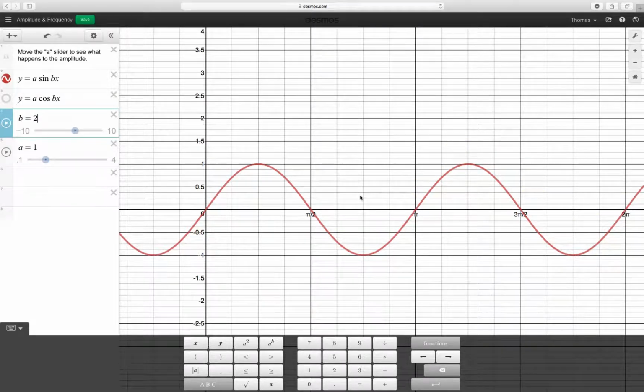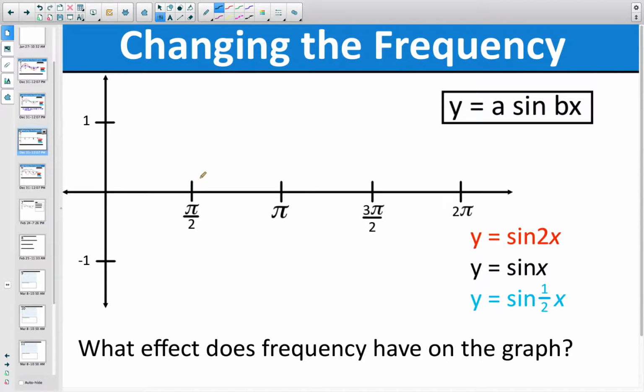Okay. So once again, let's graph 3 sine curves. We'll start with our basic sine of x curve. And this is the one we're most familiar with. Now y equals sine 2x means we see 2 cycles of sine in a 2 pi interval.